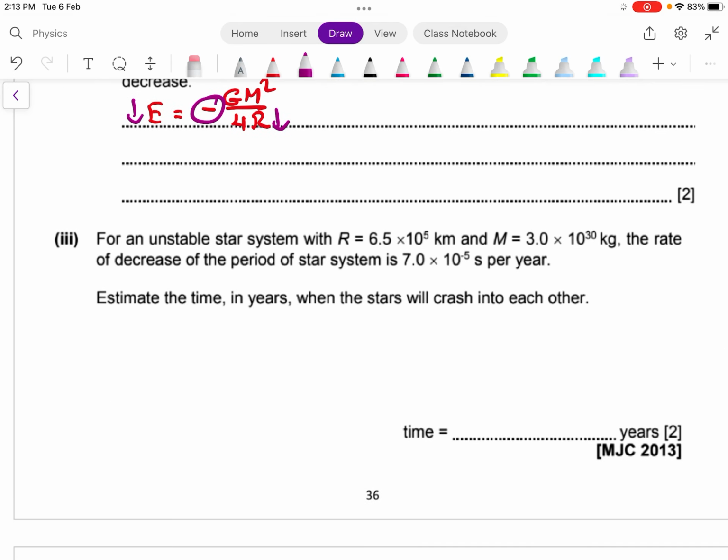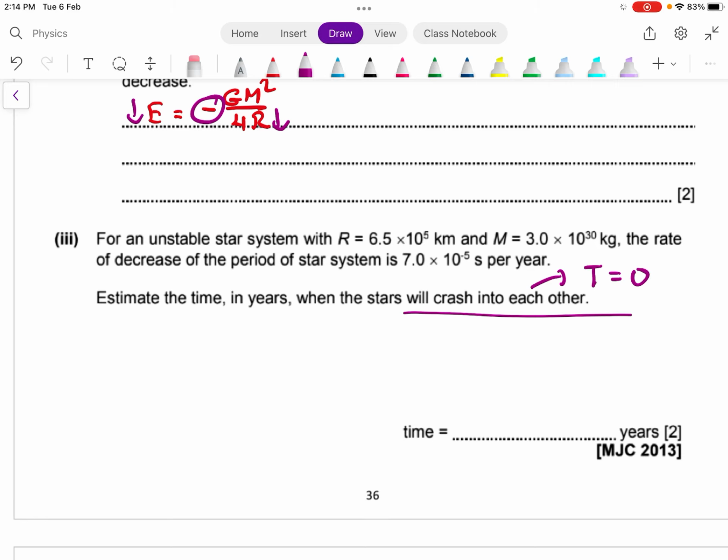The last part is for an unstable star system, with radius and mass given as such. The rate of decrease of the period is about 7.7 times 10 to the negative 5 seconds per year. Estimate in years when the stars will crash into each other, meaning that the period must go all the way to 0.